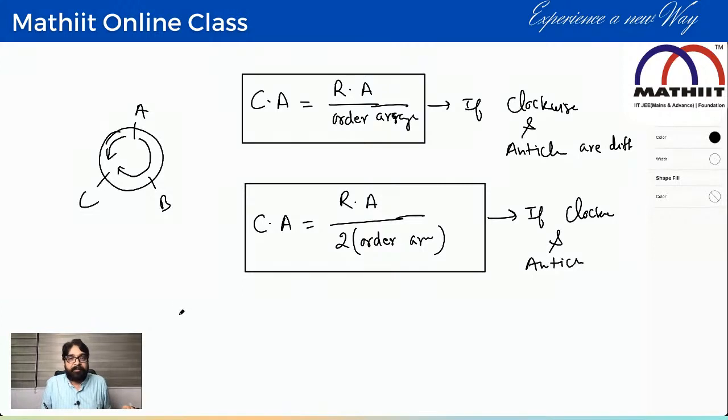Do you understand the meaning? So if they are different, circular arrangement equals row arrangement divided by order arrangement. If clockwise and anti-clockwise are identical, the same, it's given, or some situation will come, I will explain. That time you have to divide by 2 more. If ABC reading and ACB reading are considered the same, then divide by 2 more.